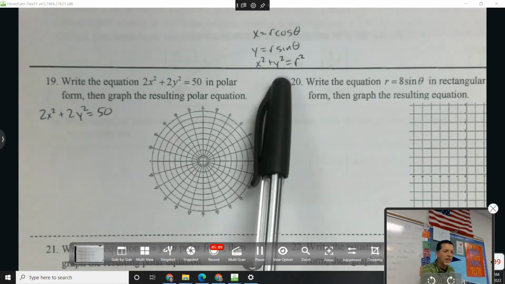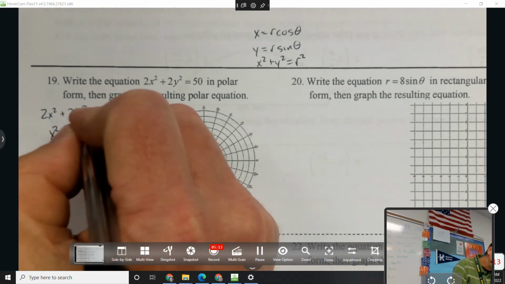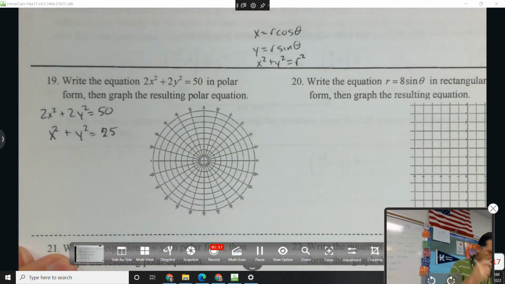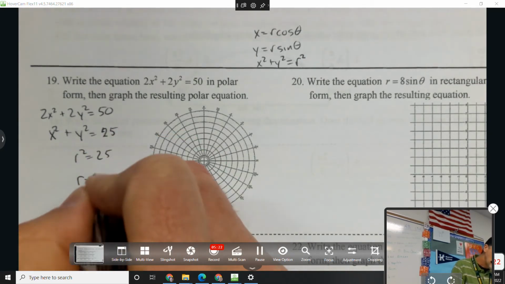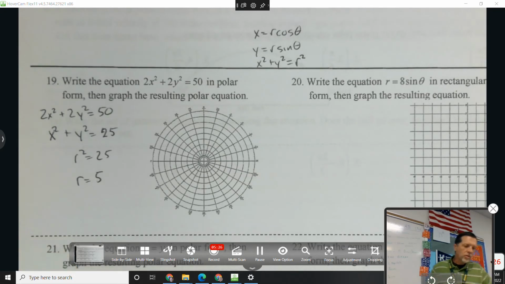Whoa, this looks like x squared plus y squared. If I divide everybody by 2, r squared equals 25, r equals 5. And then it said graph the resulting polar equation.